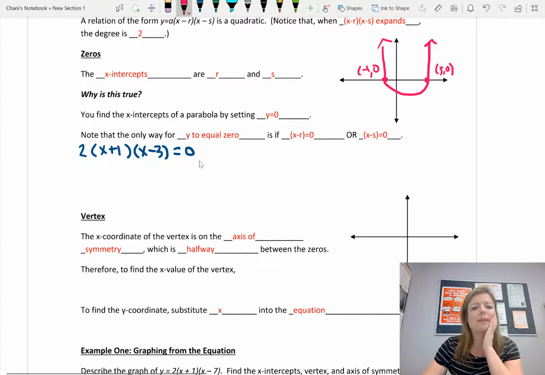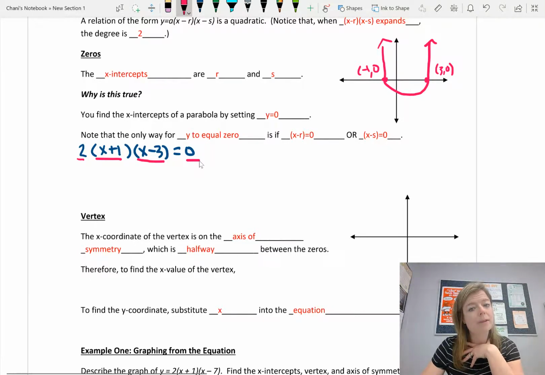Well, let's think about this. We have 2 times a number equaling 0. The only way for numbers to multiply together to equal 0 is if one of those numbers is 0. So if the product is 0, one of the factors, one of the numbers multiplied together, has to be 0.